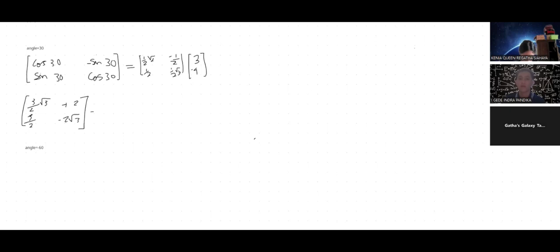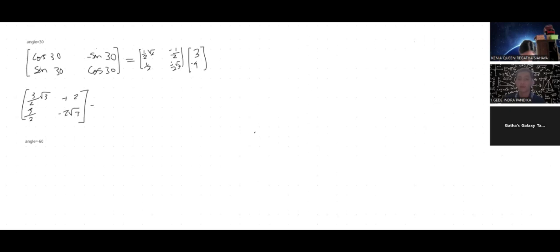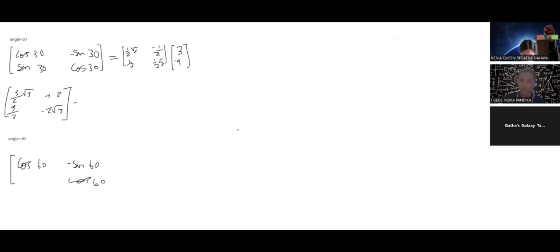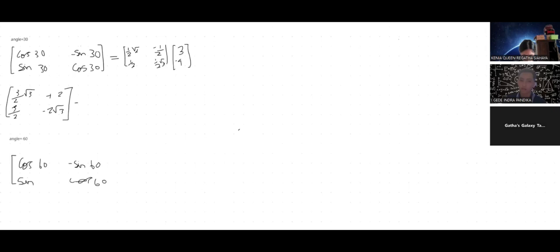So same as before, we have to substitute the value of 60 degree to this standard matrix. Cos 60, minus sin 60, and here cos 60, and here sin 60.